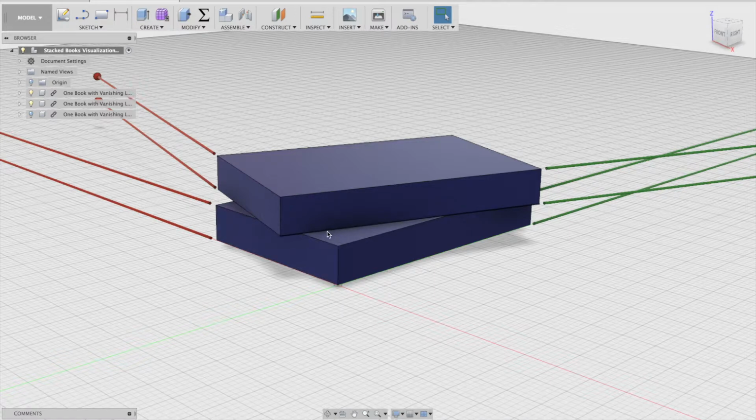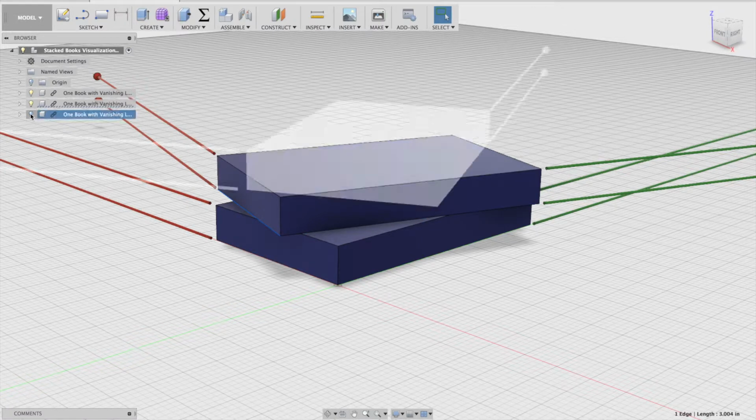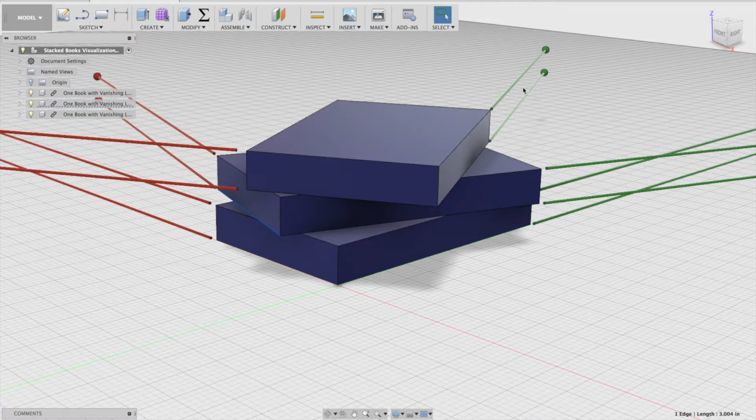So there's a shallower angle with this line and a steeper angle with that line. Now I'm going to add another book that's rotated in the opposite direction. So see how this is increased? That angle is steeper, this angle is shallower, this rate of convergence has decreased.